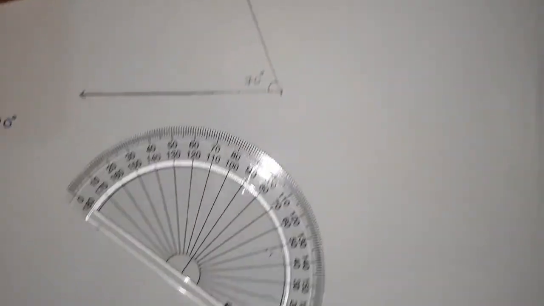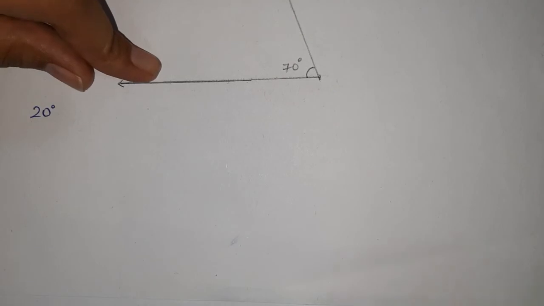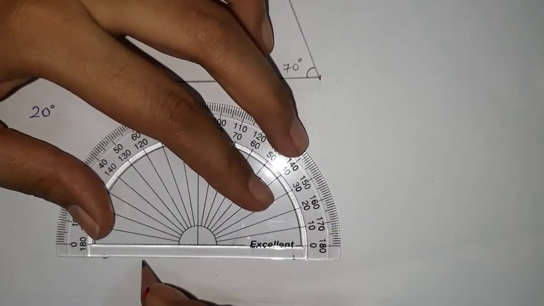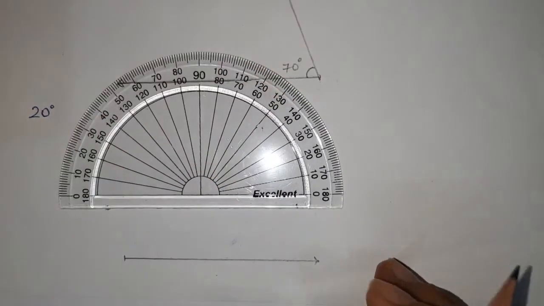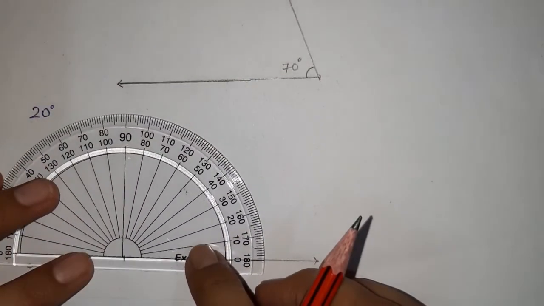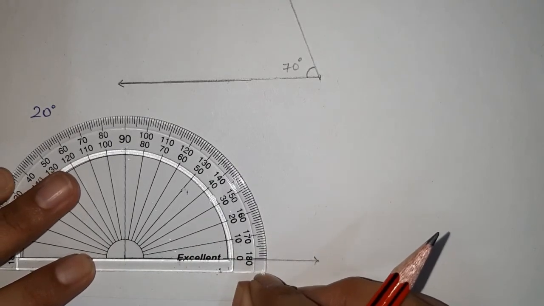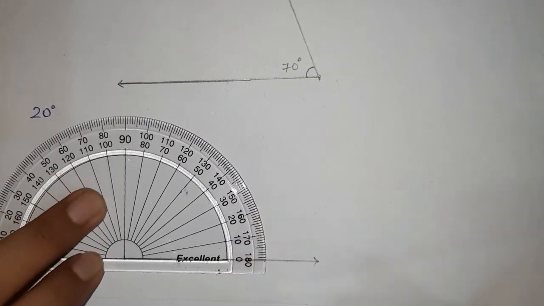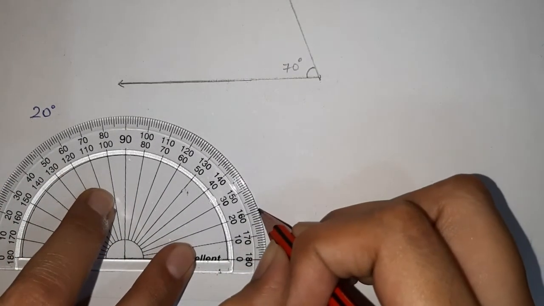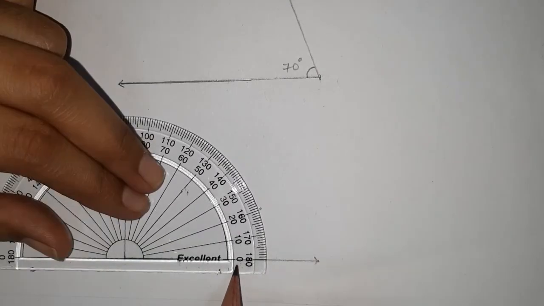Now the last question is 20 degrees. Because 0 is on the right side, 0 is on the lower side, so 20 will also be on the lower side.